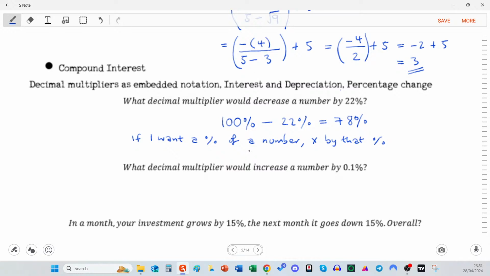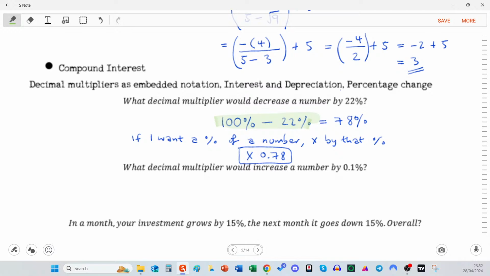Whatever the number is, I would multiply, but sadly 78% is a bit tricky to deal with. It's easier to write it as a decimal, 0.78. And that is the multiplier. If you were to do it this original way, where you find 22% and take it off, that 22% is different for every question you're ever going to do.